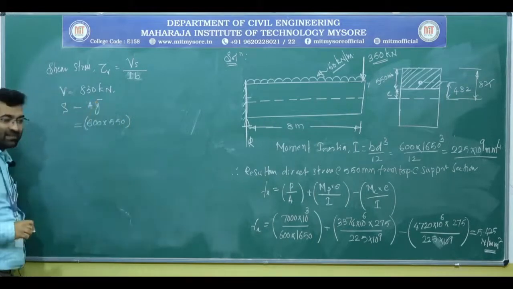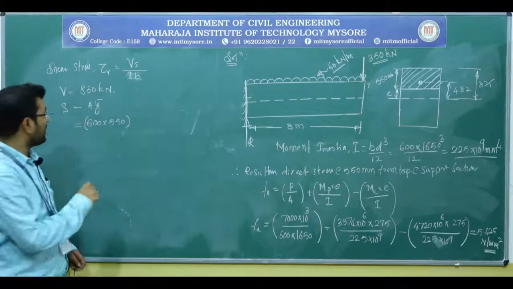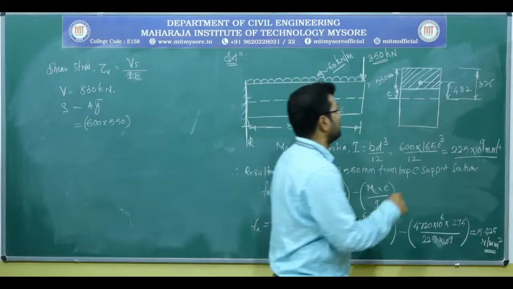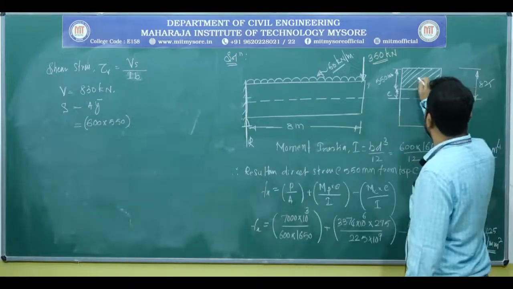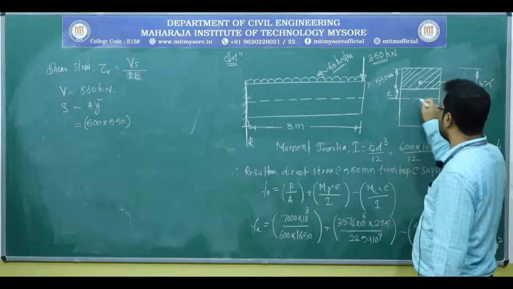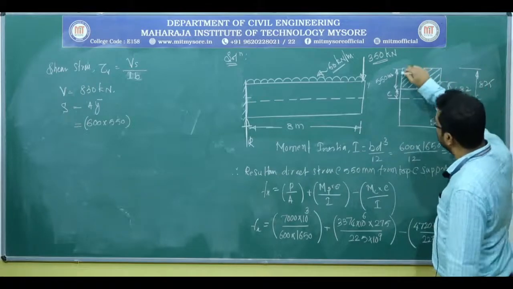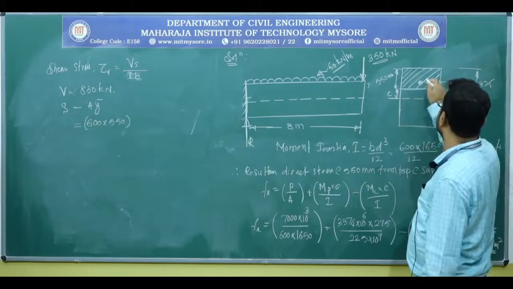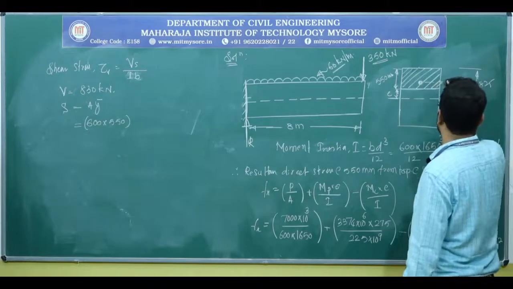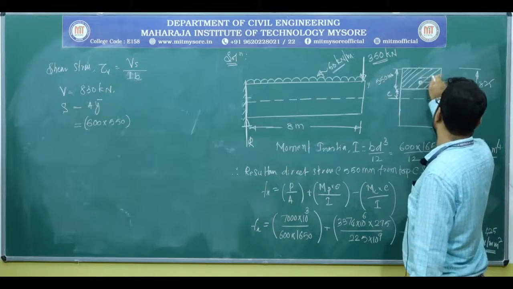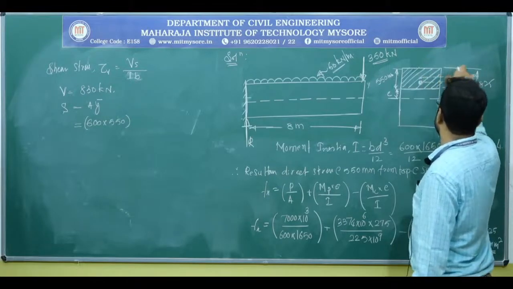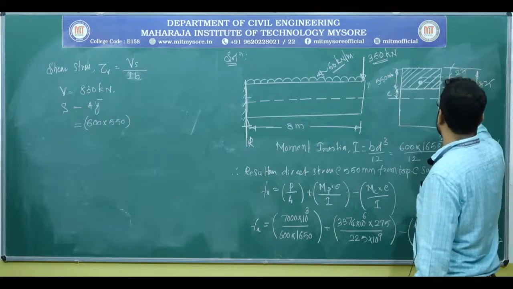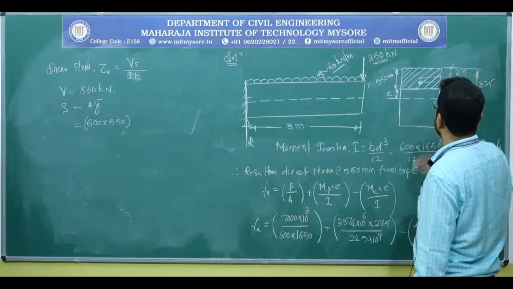Now what is the distance of the center of this much area with respect to the neutral axis? Now I need to find the center of this much area with respect to the neutral axis. So this is 550 and it is a rectangular area. So the center will be exactly somewhere here, that is at a distance of 225, because this is 550, it means it is 225 and 225.